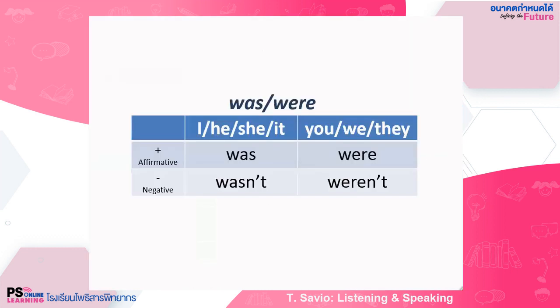Students, today we will see the use of was and were. We use was when it is about one person. I was, he was, she was, it was. So in the singular form, we use was.